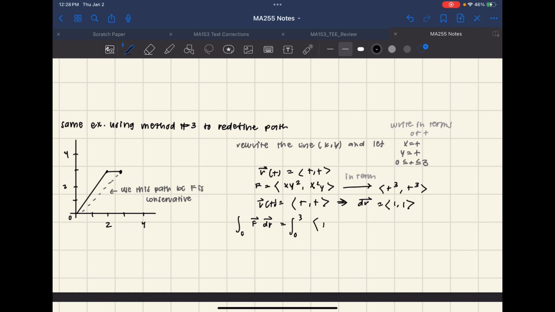Evaluated from 0 to 3, and we dot these two. And then recall that when you dot, the result is a scalar quantity.